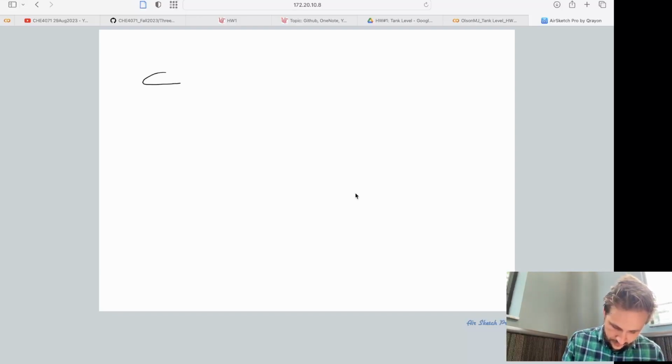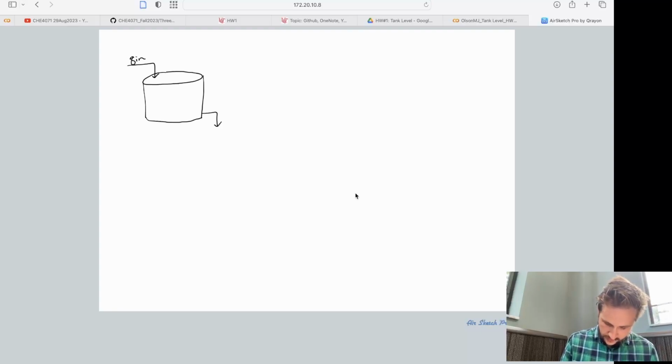So we have our tank, our first tank with our Q in, and then we have that flowing into our second tank. It'll look hopefully roughly close to the same size.